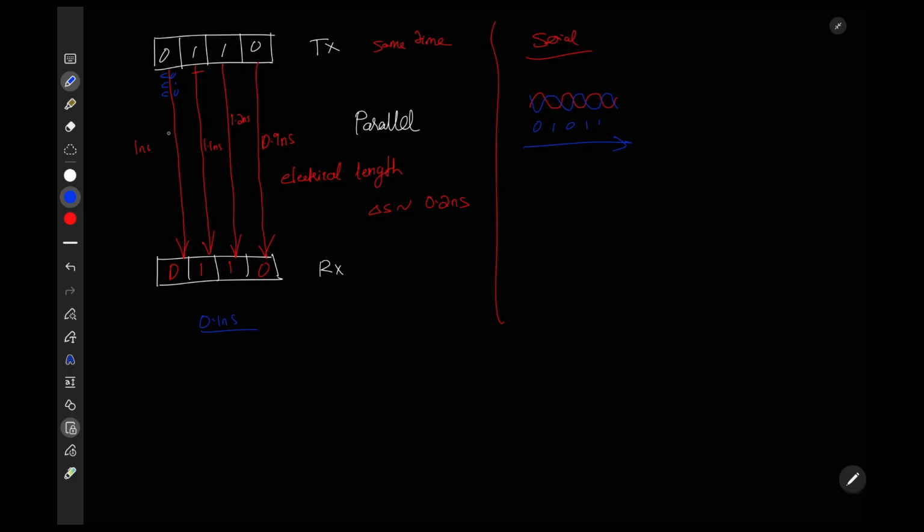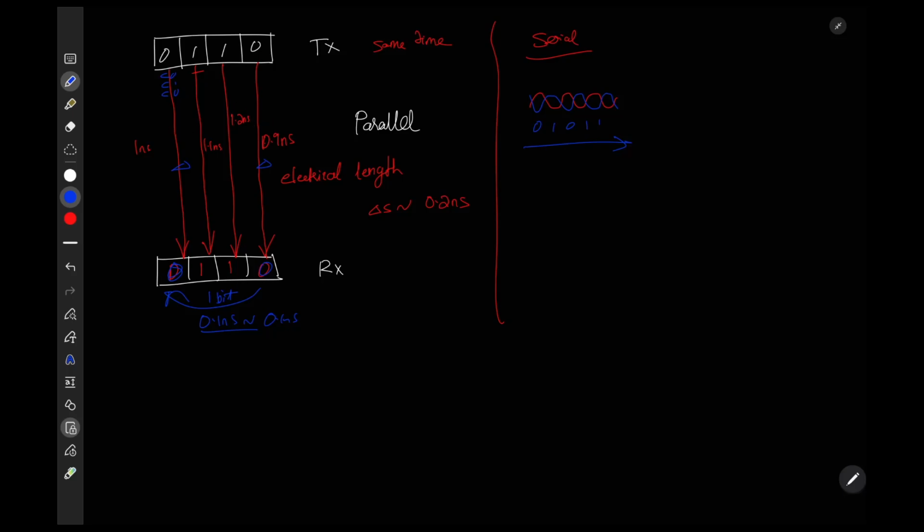So by the time the first bit has come, this channel has a delay of 1 bit, because the delay between these two channels is itself comparable to the transmission speed. The delay between these two channels is 0.1 nanoseconds. So this channel will always be delayed 1 bit behind this channel. That is the limiting factor in a parallel communication. The speed at which you can send data is ultimately limited by the differences in the channels.